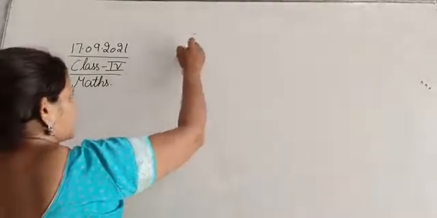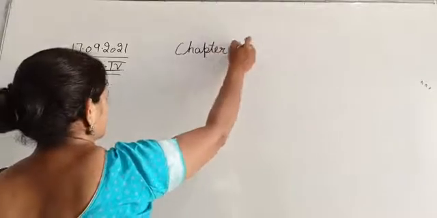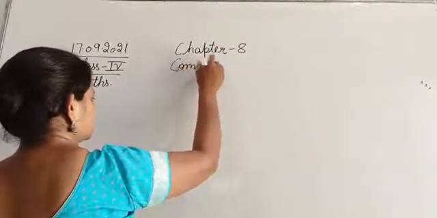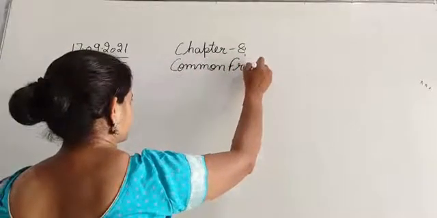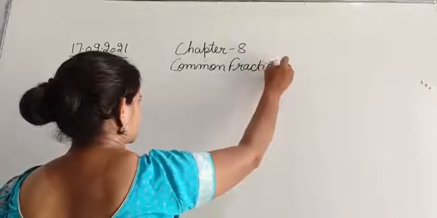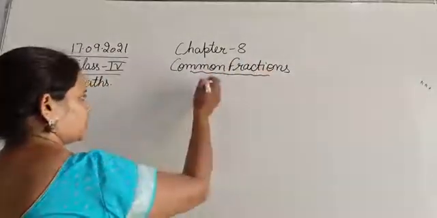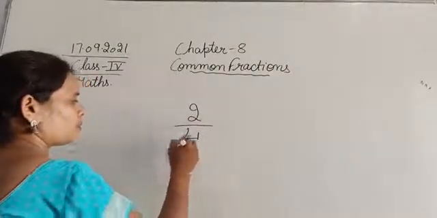So first of all, the chapter, that is chapter 8, common fractions. Okay, suppose the fraction is 2 upon 4.